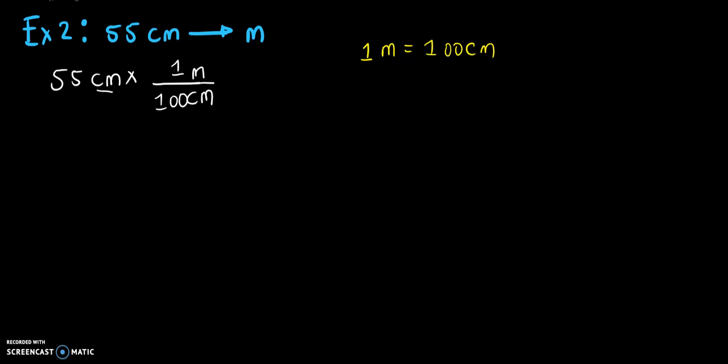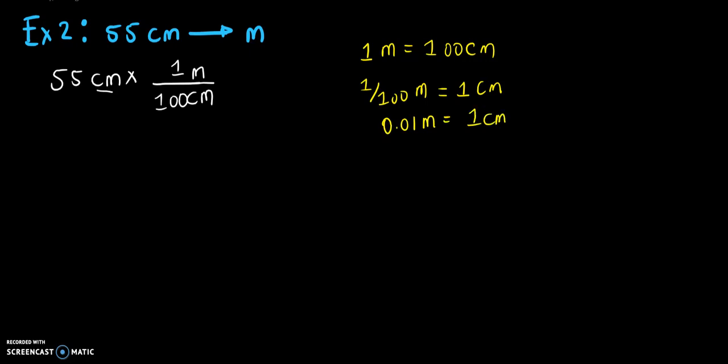Another way to think of this is that 1/100th of a meter is equivalent to 1 centimeter. So this is the same as 0.01 meter is equivalent to 1 centimeter.